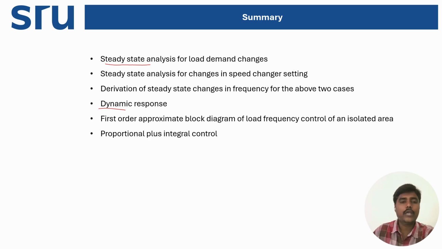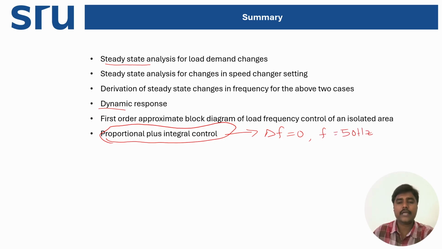Then we have incorporated a proportional plus integral controller, because of which we are able to achieve delta F equal to 0 and our nominal frequency equal to 50 Hz. If it is an Indian grid system, it is 50 Hz, and if it is a US grid system, this frequency can be made equal to 60 Hz.